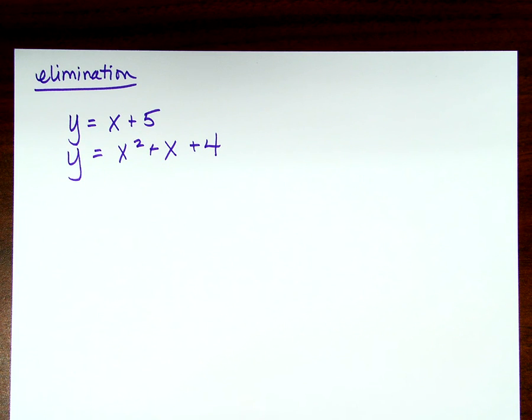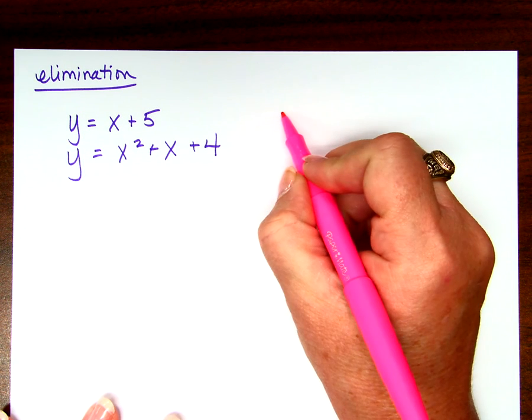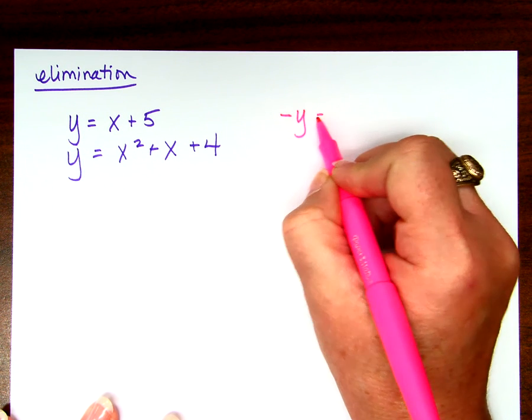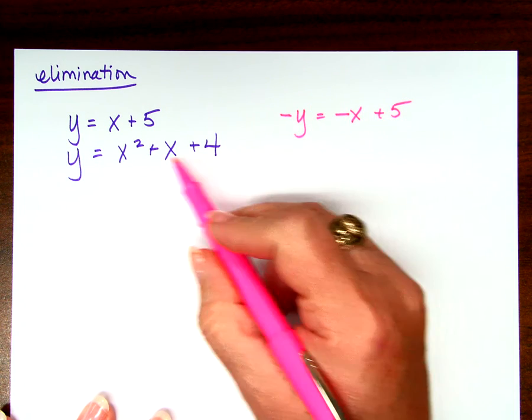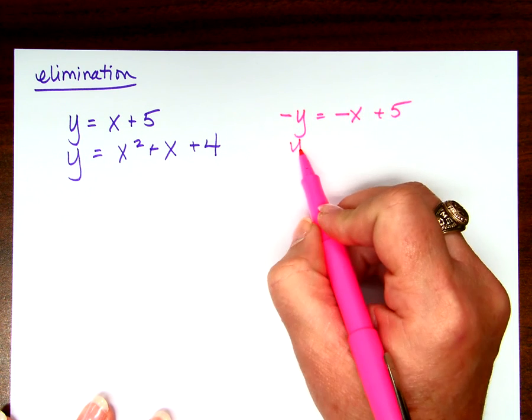Okay, how are we going to go about eliminating the y first? So you want to multiply the top one by a negative? If we multiply the top one by a negative, I get negative y equals negative x plus 5. Thank you.